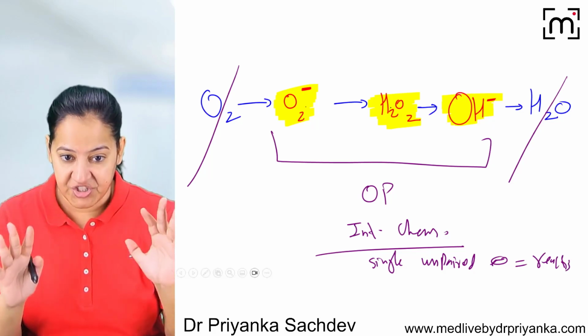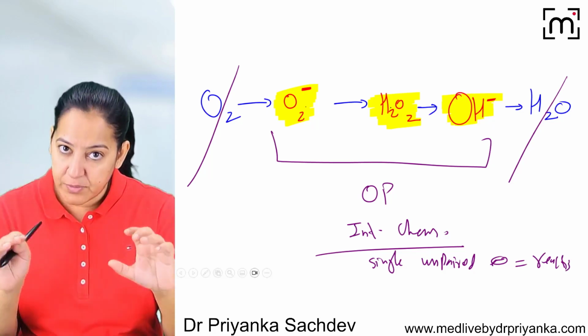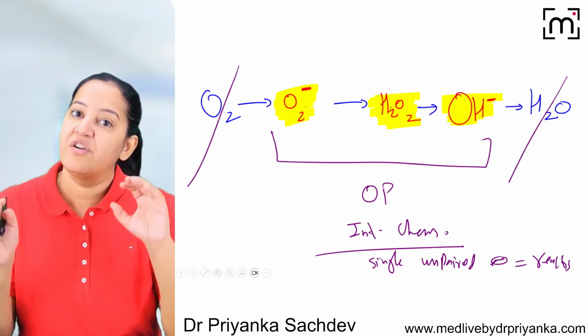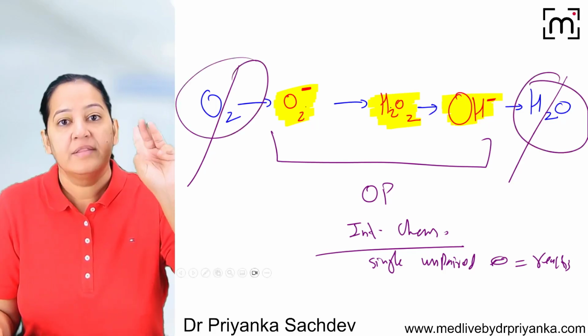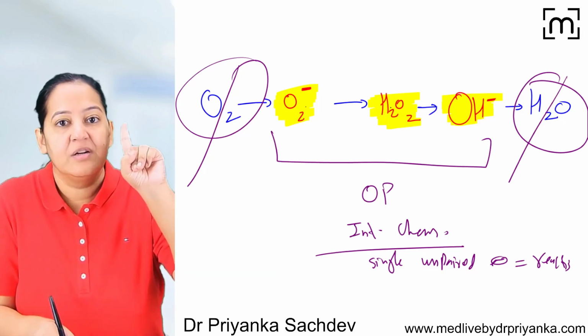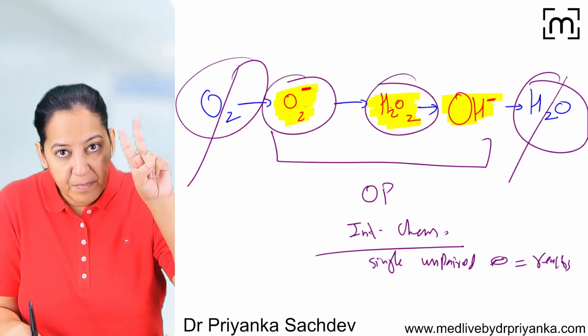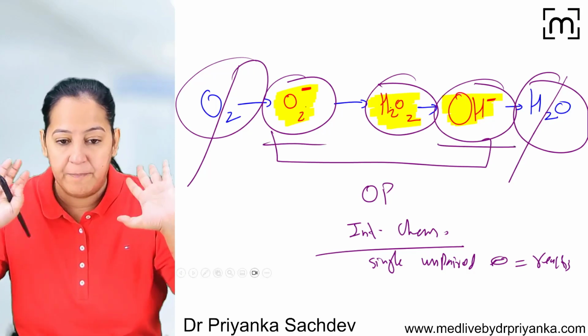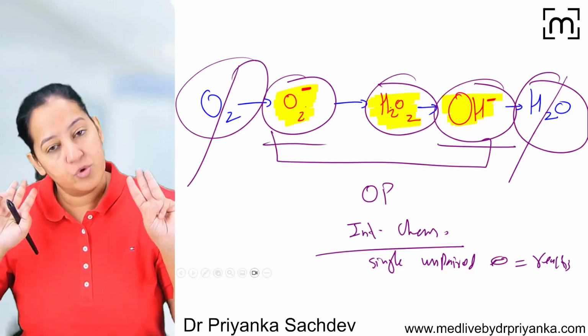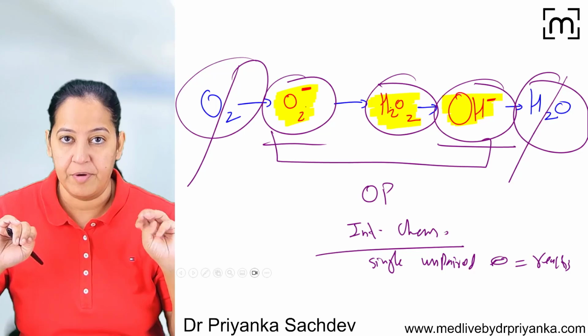So write down the definition: during oxidative phosphorylation in the mitochondria, when oxygen gets converted to water, three intermediates are formed. What are the three intermediates? Superoxide ion, hydrogen peroxide, and hydroxyl ion. Two of these are ions; they have charge on them. So a total of three free radicals are formed. What is the definition?